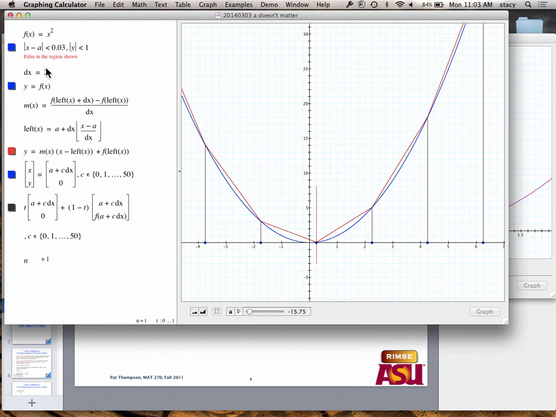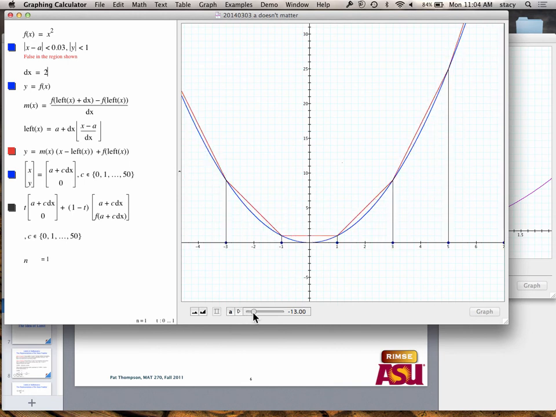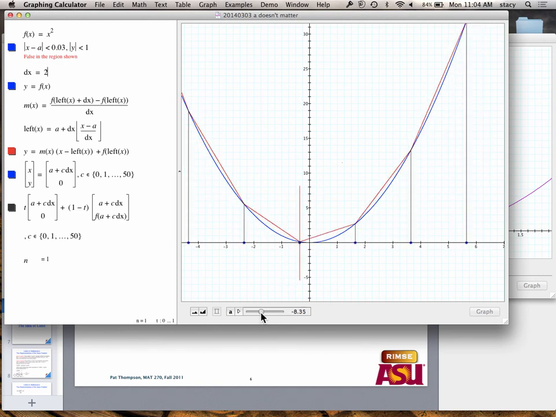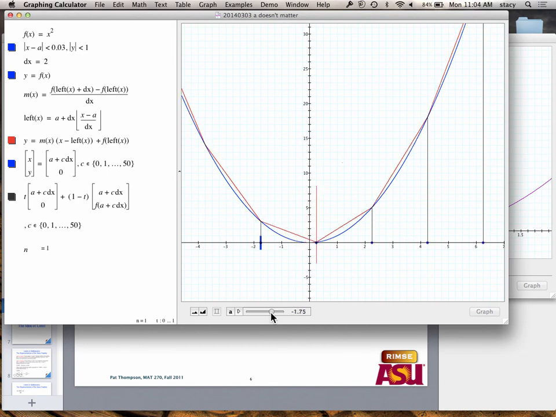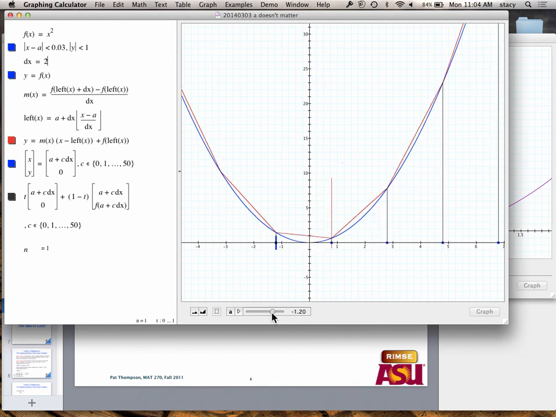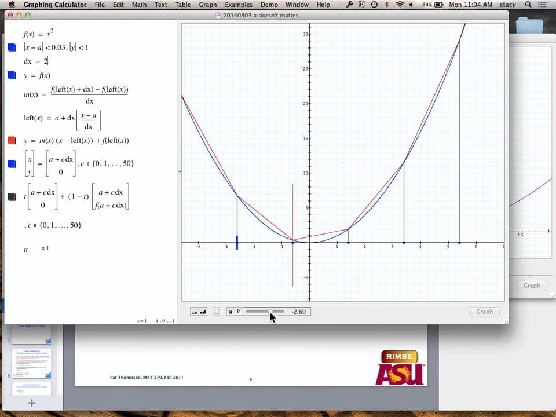Right now I've got delta x at 2. And down here I'm controlling the value of A, okay? And when I let A change, you can see some differences. But structurally, this dark blue right here, here's A, right?